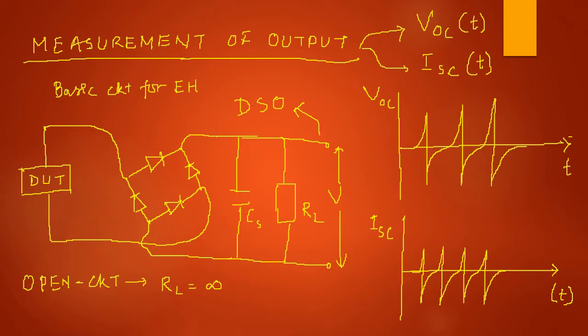So basically you are going to measure this value of voltage for a range of RL. You will actually vary RL and measure V for different values.